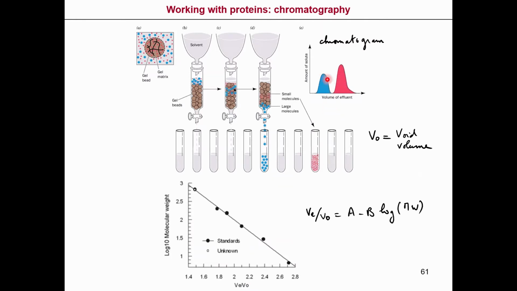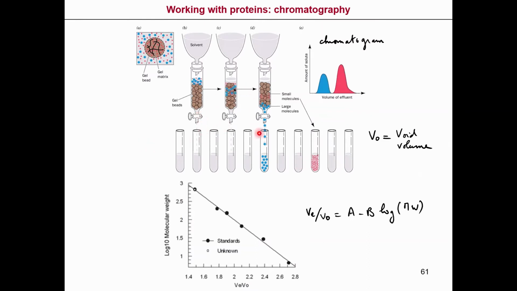To have good separation, you have to try different elution conditions, meaning the rate of elution, the concentration of your protein, and so on. So it's not as simple as this schema.